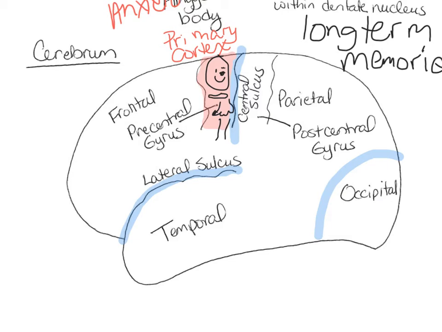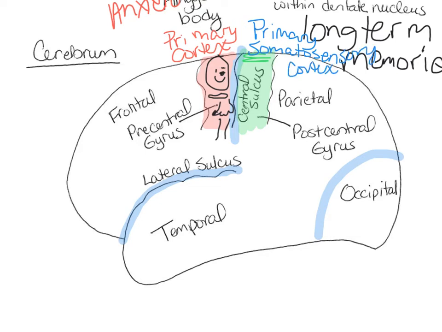Right behind the central sulcus, we have a gyrus back here that is called the post-central gyrus, right? That makes sense. It's behind the central sulcus, so it's the post-central gyrus. That's its name anatomically. And then functionally, its name is the primary somatosensory cortex.